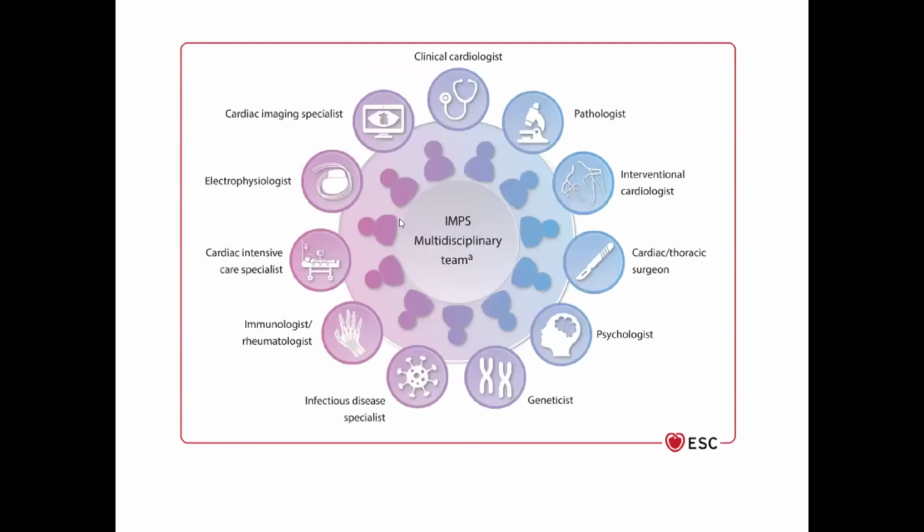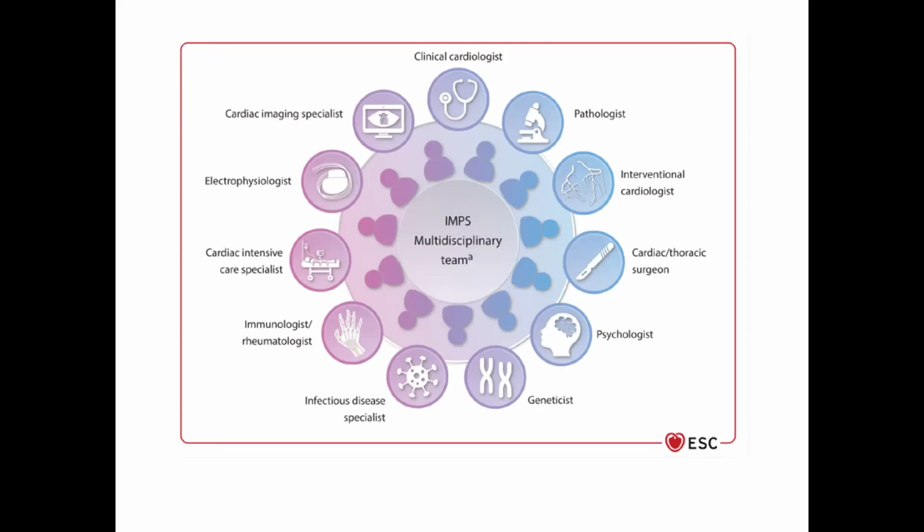The management is usually multidisciplinary. It can involve different specialties. It's mainly around the clinical cardiologist, but pathologists can be involved, especially if there's endomyocardial biopsy in case of myocardial involvement.